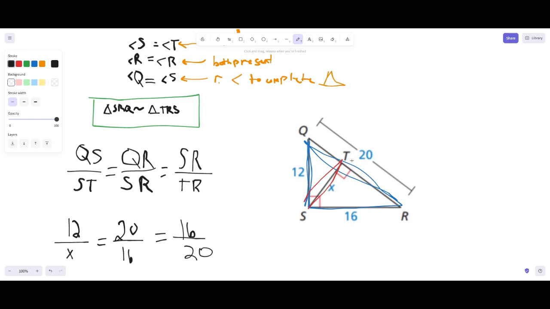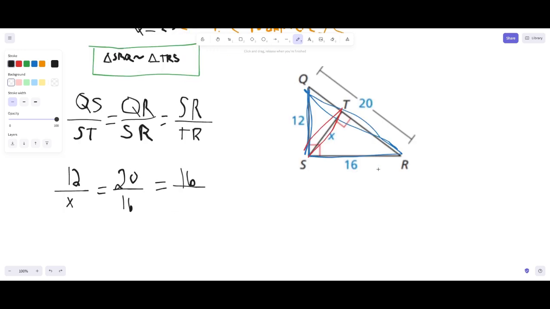Sorry, TR. We don't know what that is, so for TR I'm just going to write a value of y. Let's say it's y. Okay, we don't need to really worry about this value because it's really X that we're concerned about.